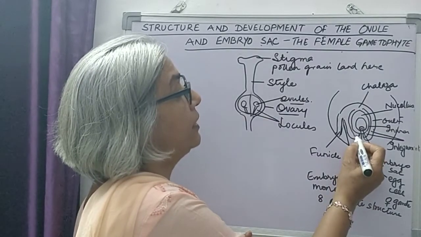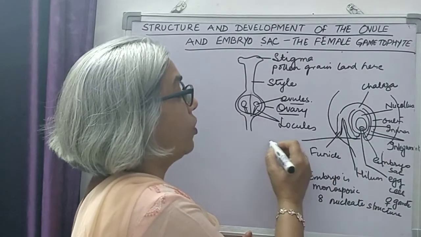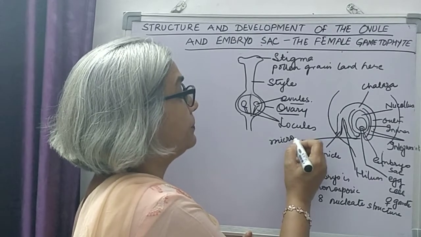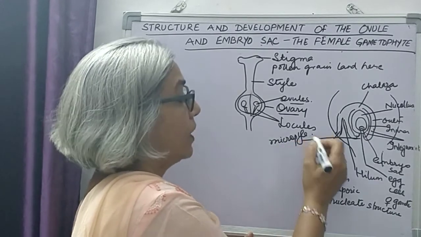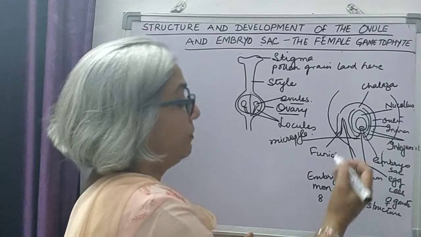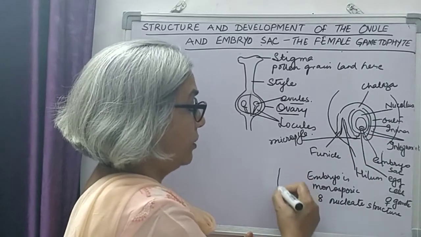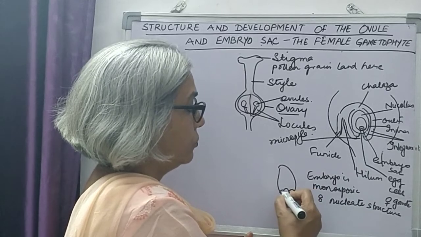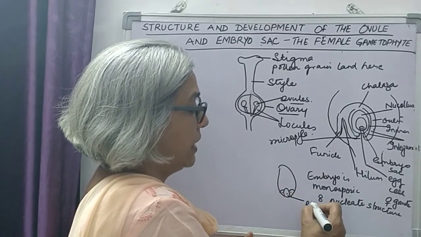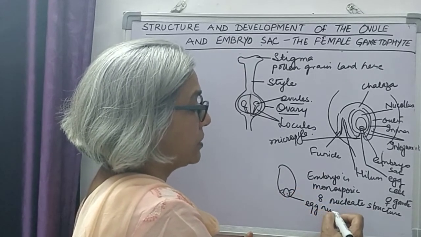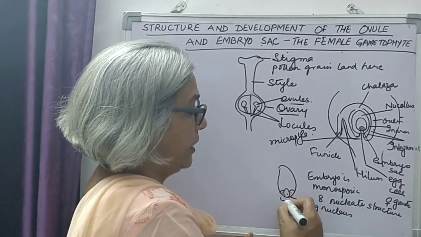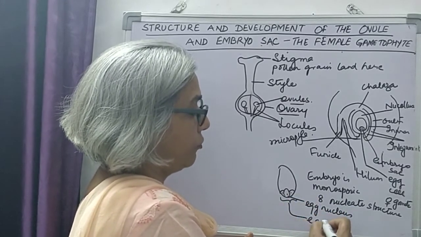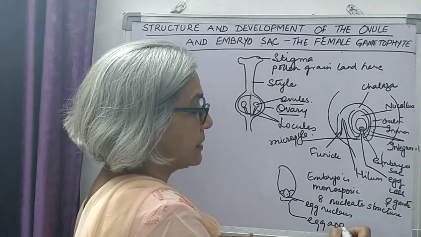This opening in the integuments here is called the micropyle, and towards the micropylar end there are 3 nuclei. The central is the egg nucleus, and all these 3 nuclei together form the egg apparatus.